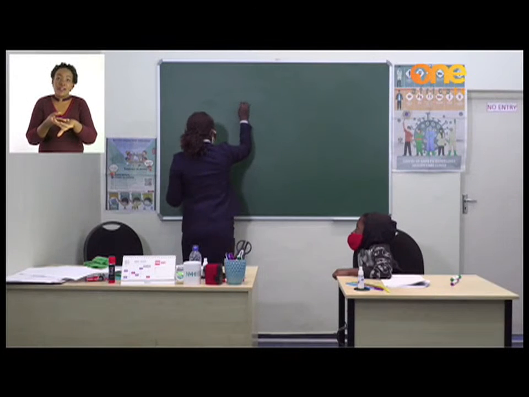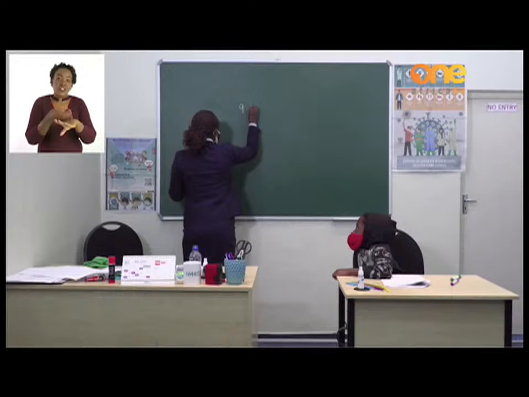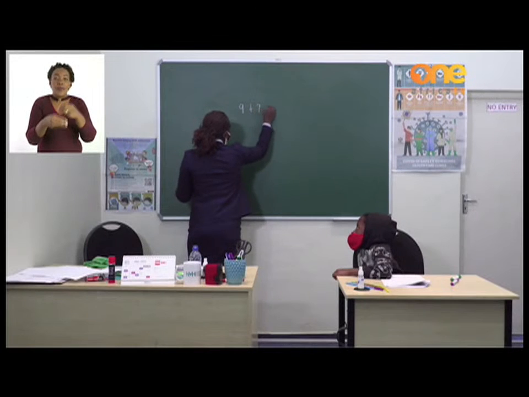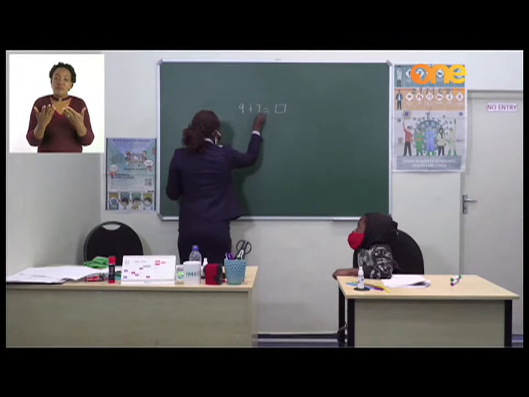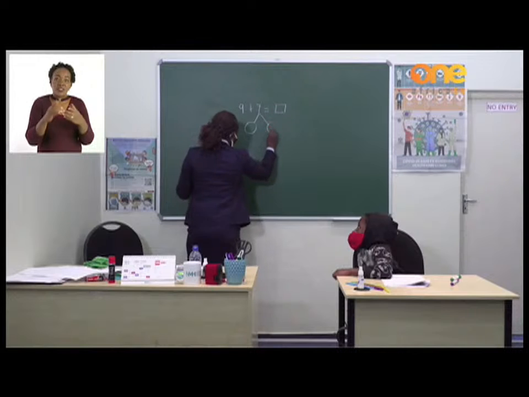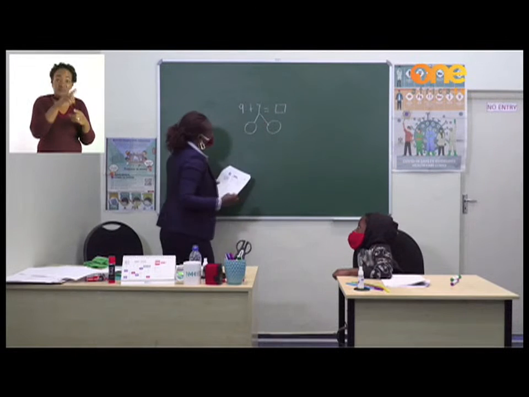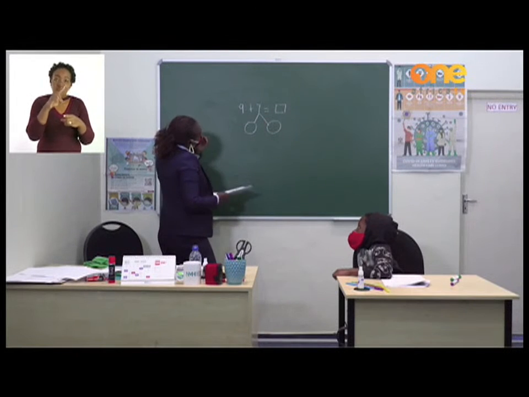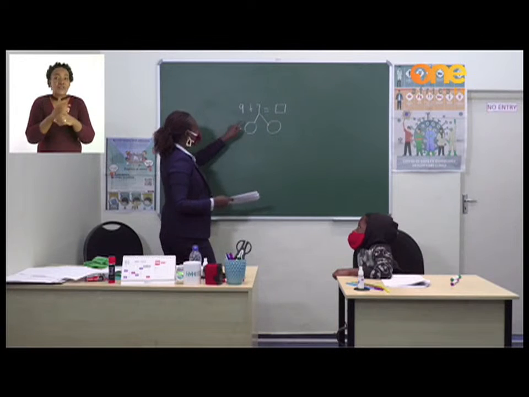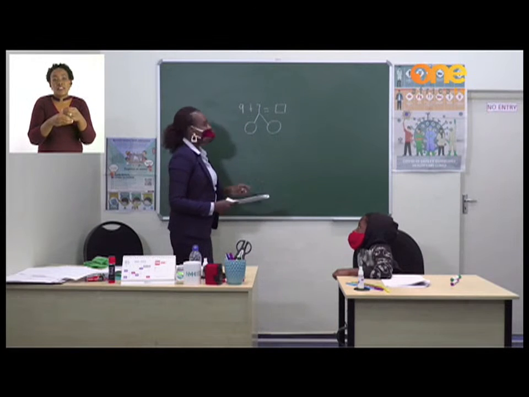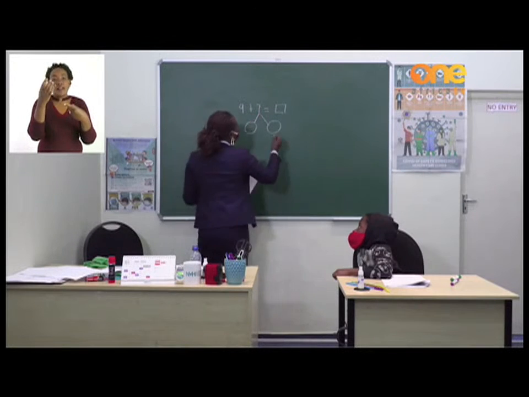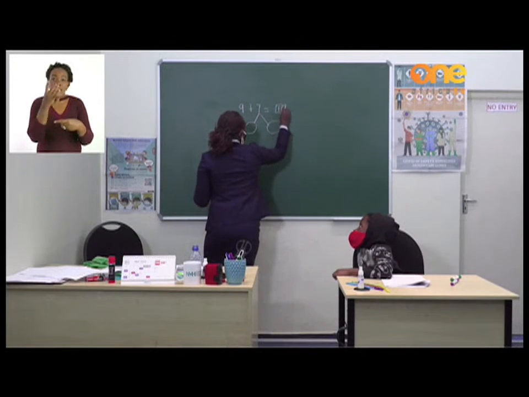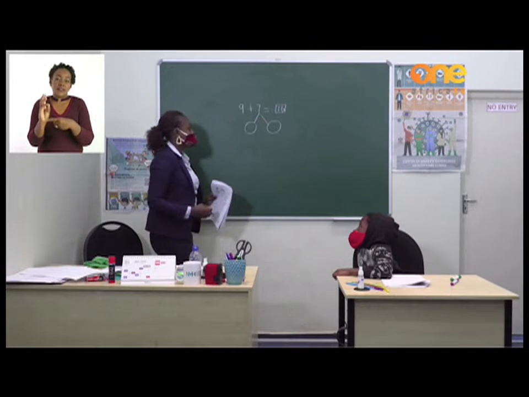We have 9 plus 7 equals, then we have a box, and we have 2 circles. First, we want to add 9 and 7. 9 plus 7 equals 16.